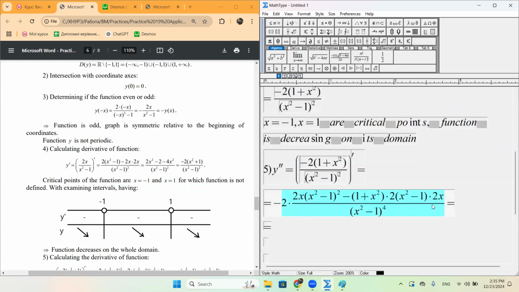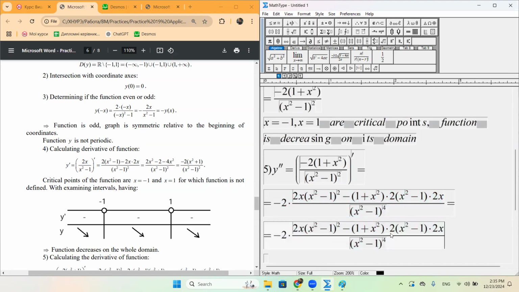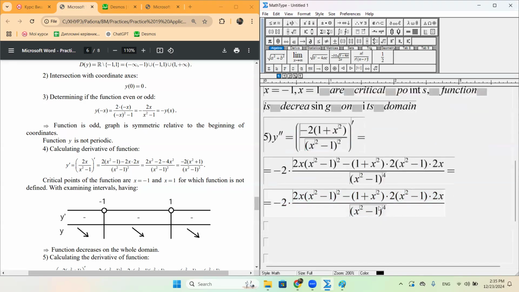Now we can cancel, so we can eliminate some powers. So one power here, this multiplier goes away, and power of 3 here. So it will be a little bit simpler. Then expanding brackets.